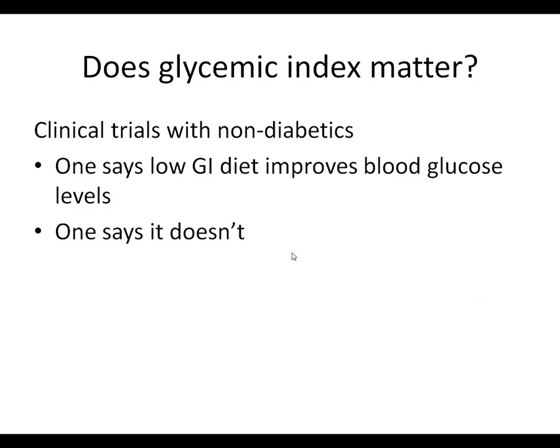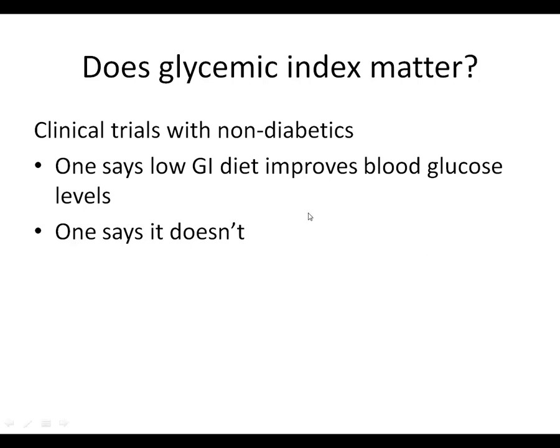There were 2 clinical trials of this type. One said, yes, glycemic index matters, and by paying attention to glycemic index you can actually improve blood glucose levels. But then another study came out saying, no, it doesn't have an effect.